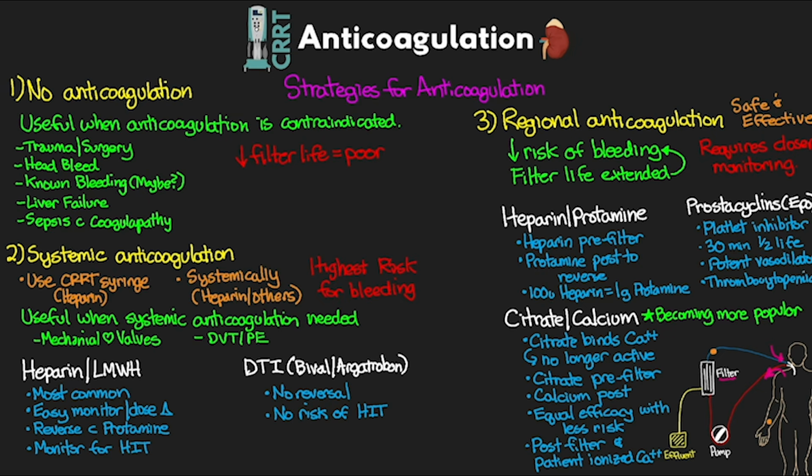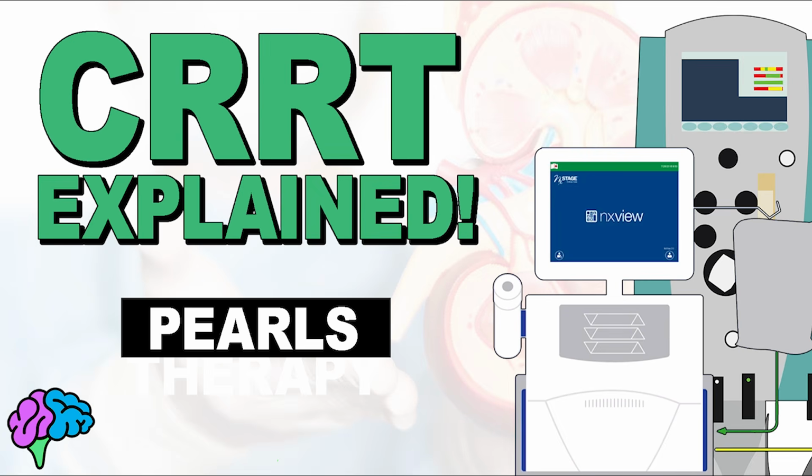And then we have this beauty of the regional anticoagulation, where we can still provide anticoagulation as it's going through the filter, but then give them either Protamine if we're giving heparin, or give them calcium to replace the calcium that's bound up by the citrate, and still get that preserved filter life without the risk of bleeding.